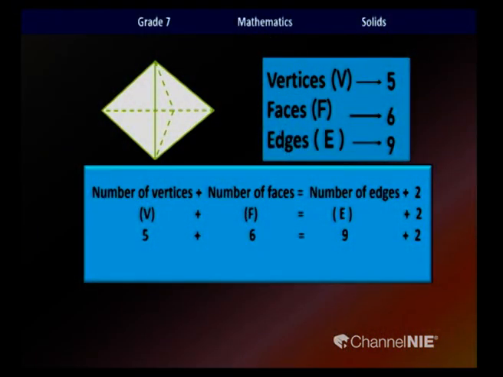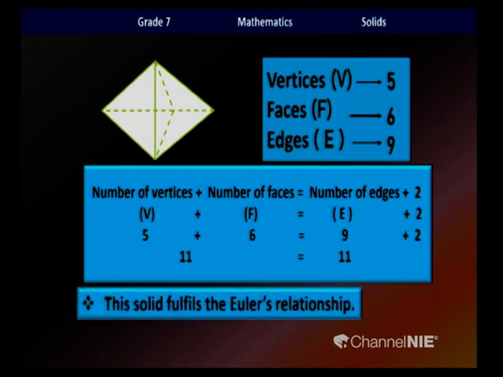Number of vertices is 5, number of faces is 6, number of edges is 9. So, 5 plus 6 is 11, 9 plus 2 is also 11. Therefore, my left hand side is equal to the right hand side. That means I can say this composite solid fulfills the Euler's relationship.